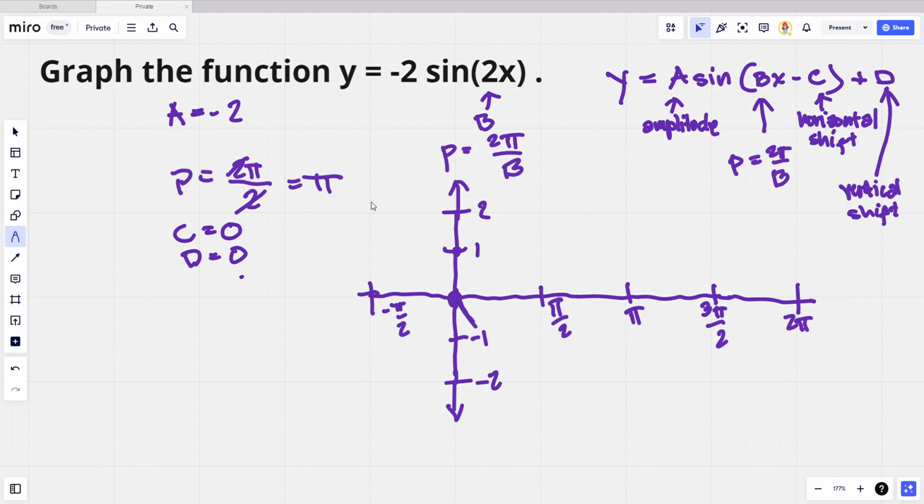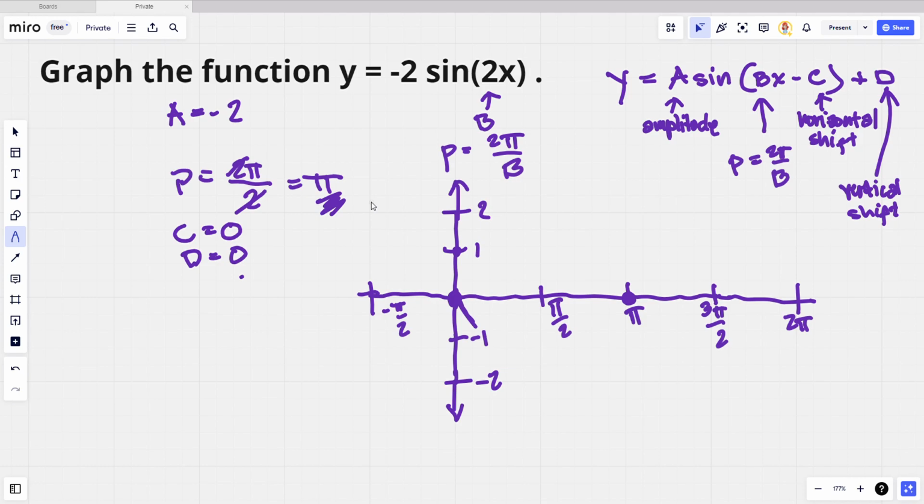But we don't know yet where our function will end, so we need to identify it using the period. Our period indicates a full cycle. Here, the full cycle is just pi. So this is where one cycle of this graph ends.